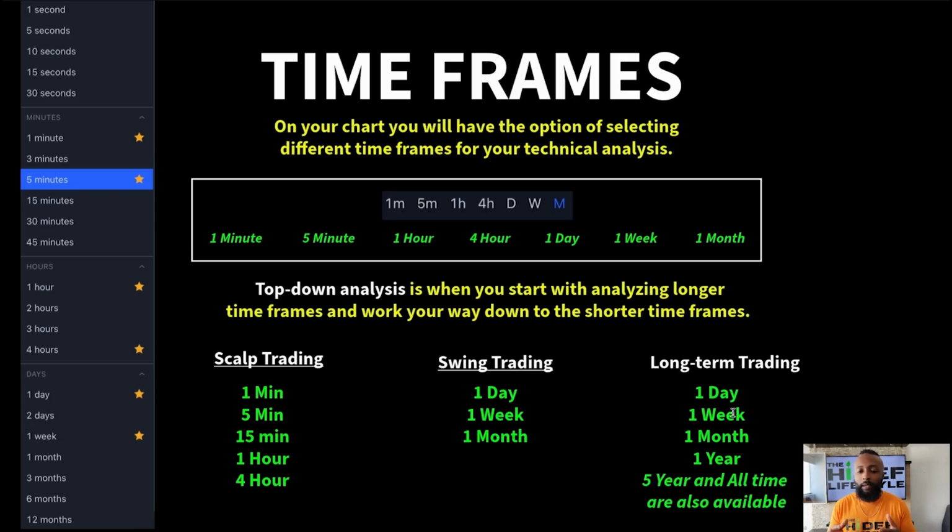You're going to look at the daily, weekly, monthly, yearly, and you also can look at the 5-year time frame. Even 10 years back, you can look at a bunch of historical data. So depending on what you're doing will help you choose the proper time frame for analyzing a stock. So it just depends on the situation.